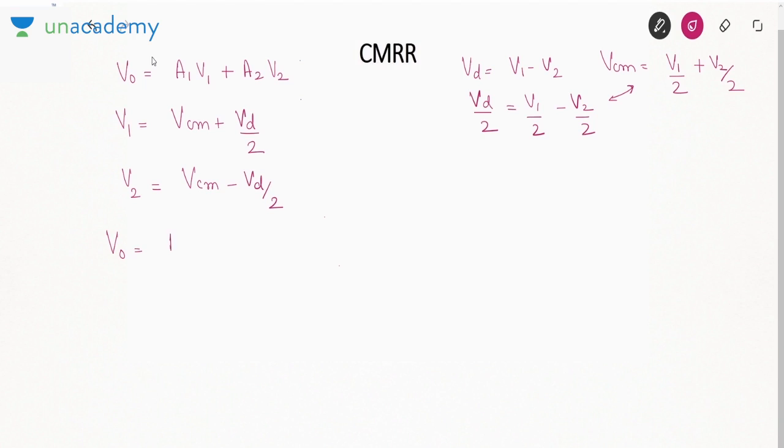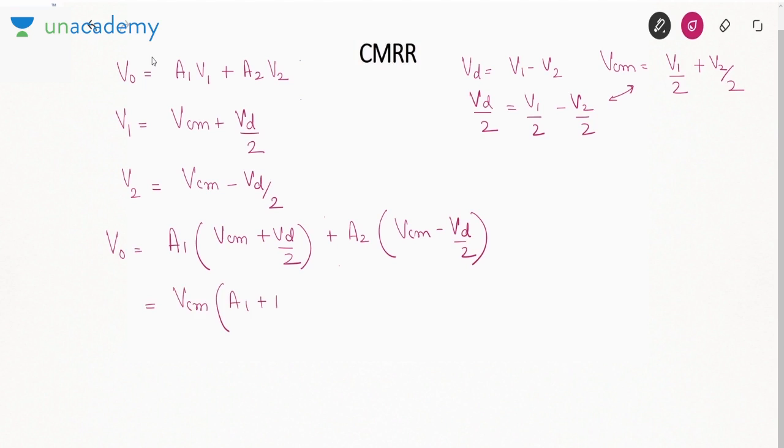So V0 is A1 times (VCM plus VD by 2) plus A2 times (VCM minus VD by 2). That means if you collect the term containing VCM, it is A1 plus A2. Collect the term containing VD, it is (A1 minus A2) by 2.